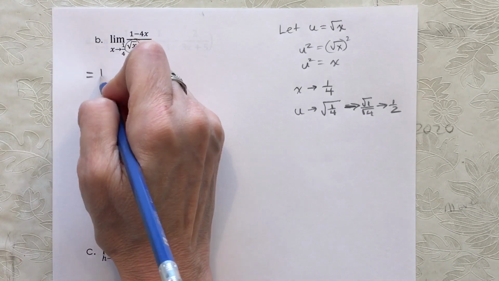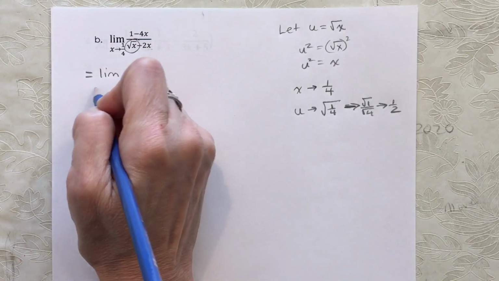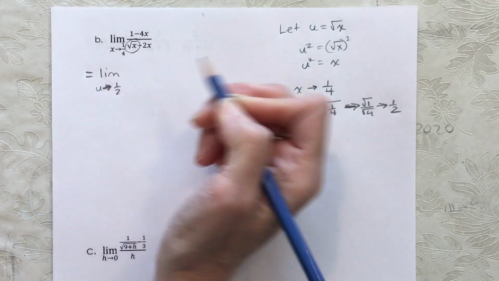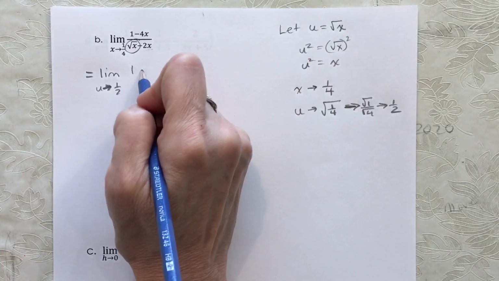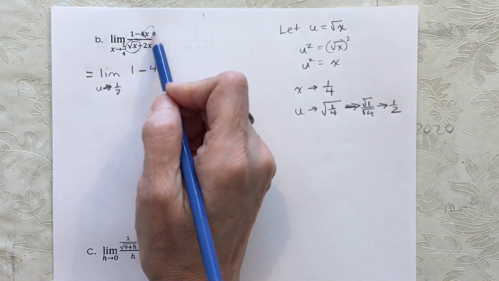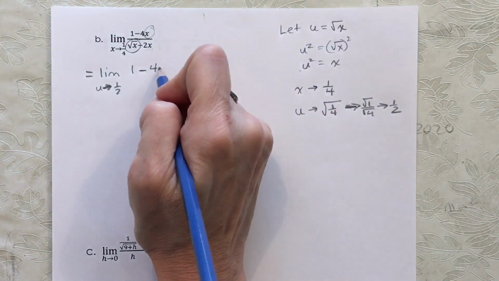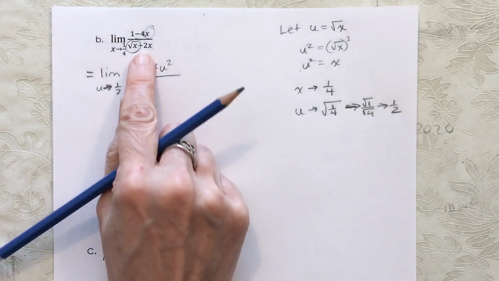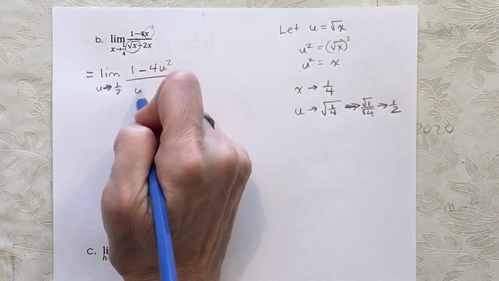So it's going to be the limit as u approaches a half of 1 minus 4. Now what did x end up being? U squared. Root x was u.